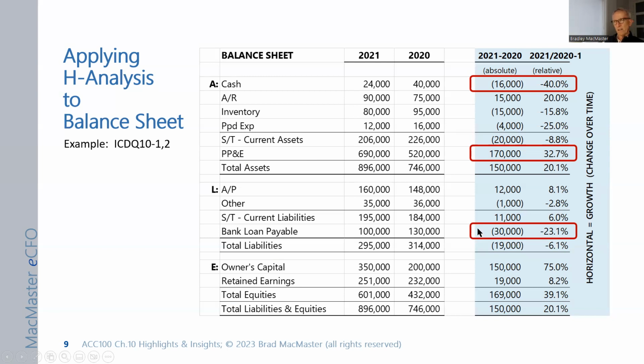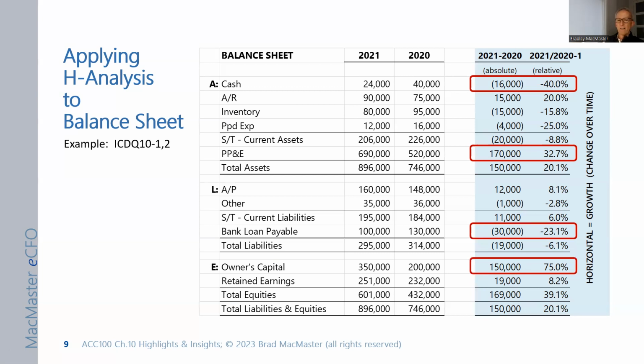And they didn't do that in this case. So that might be an opportunity for us to help this company improve its capital structure if it needs to, which we'll see in the vertical analysis. And then the last large item on the balance sheet here was a huge increase in the owner's capital of $150,000.